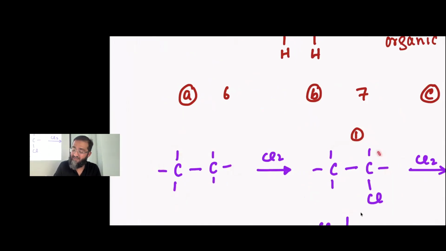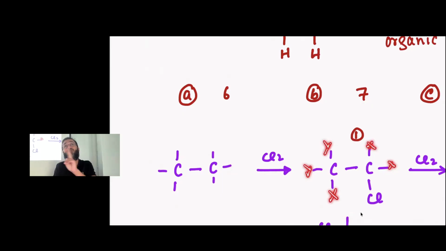Now, when this one reacts with another chlorine, we get 2 different possibilities. If chlorine goes over here, then what organic product will we get? 1,1-dichloroethane. Or if instead of this, the chlorine goes over here, 1,2-dichloroethane.